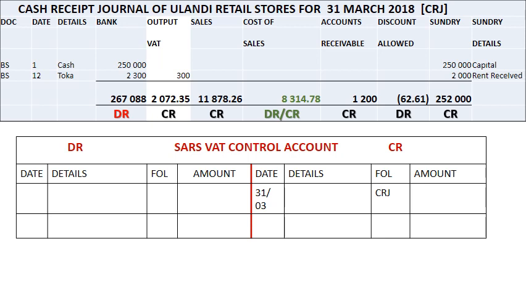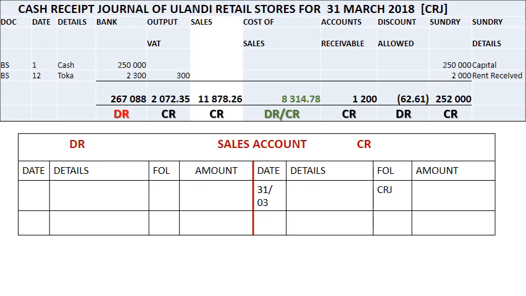It will be posted directly into the VAT control account. On the credit side of the SARS VAT control account, we will reflect the date at the end of March. Under details, the contra will be bank. The entry is posted under folio from CRJ. The total amount is calculated in the column.